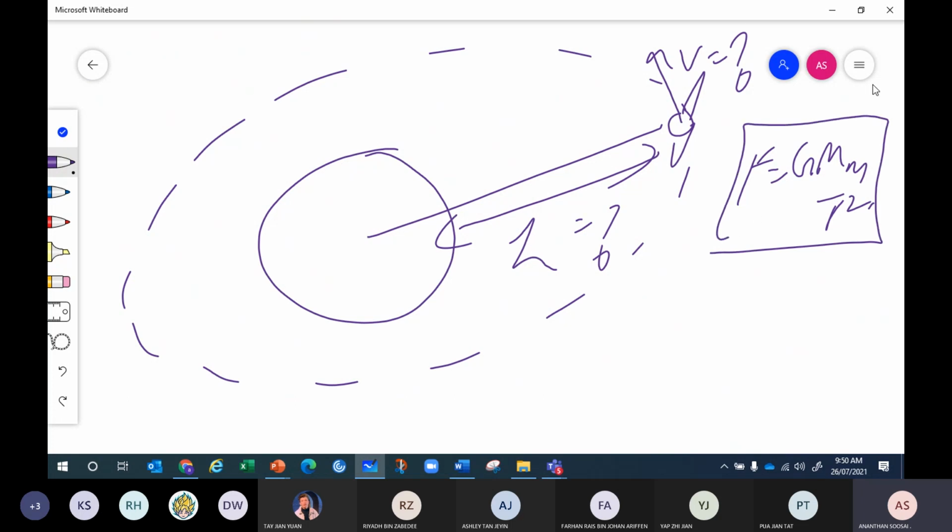Okay, first, when someone wants to launch a satellite, they can't launch at any height they like. There is a specific height, the height preferred so that it will have a period of 24 hours.